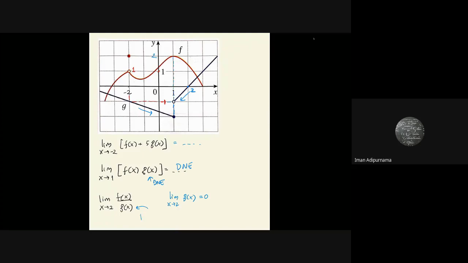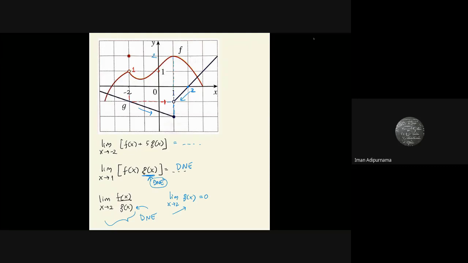So the whole thing here doesn't exist also, because the limit of g(x) is 0 here. This part doesn't exist also, the g here.